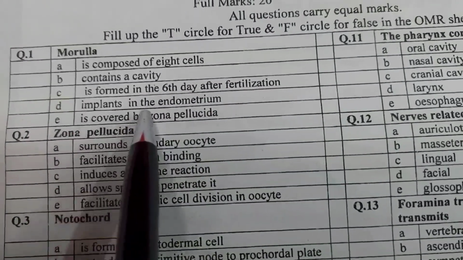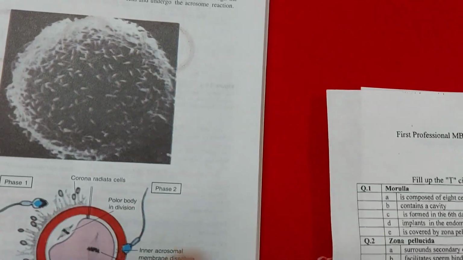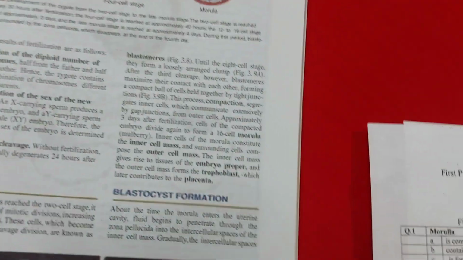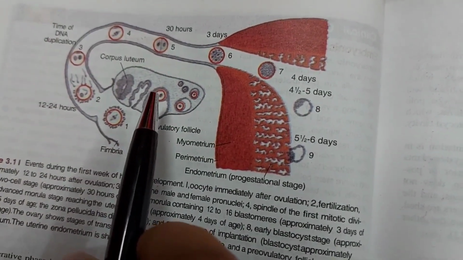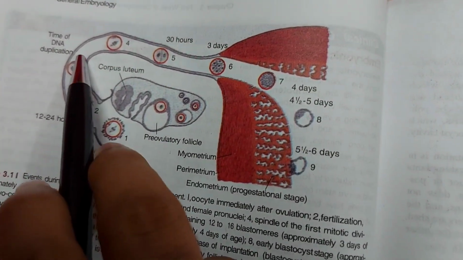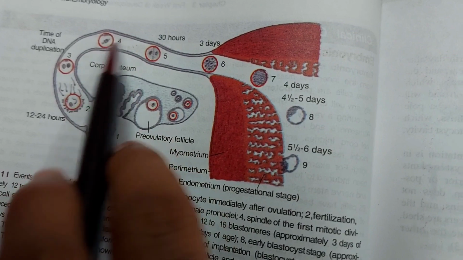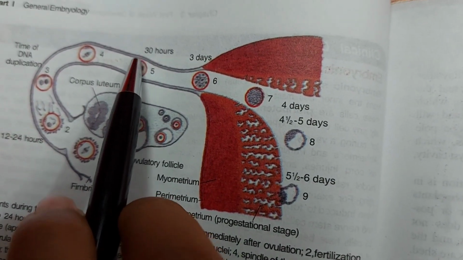The fourth statement is that it implants in the endometrium. So we have to see what is implanted in the endometrium. Here we can see the movement of an ovum; it enters the fallopian tube and divides into the 2 cell stage.